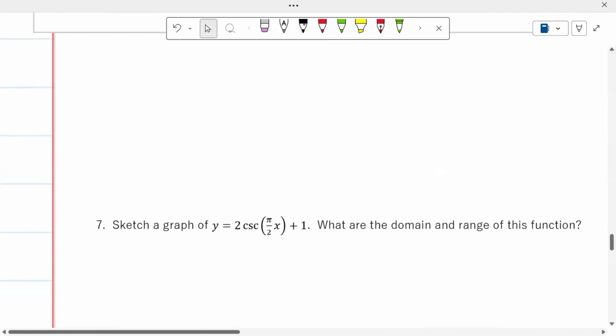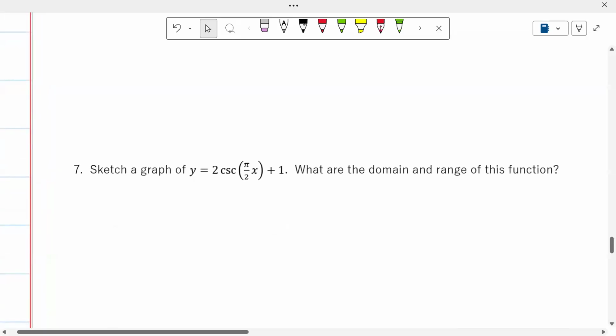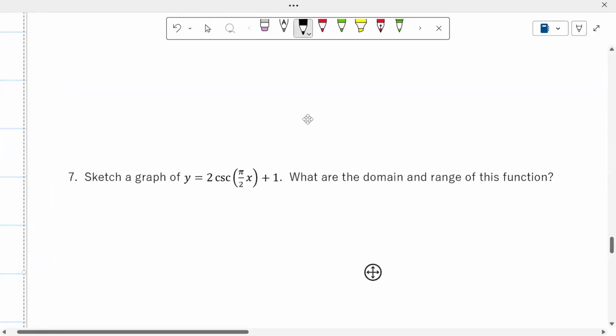Let's take a look at a cosecant. Now, this is the reciprocal of the sine function, so we have to remind ourselves what the basic cosecant function looked like. Well, remember, sine goes through 0, 0, does that.